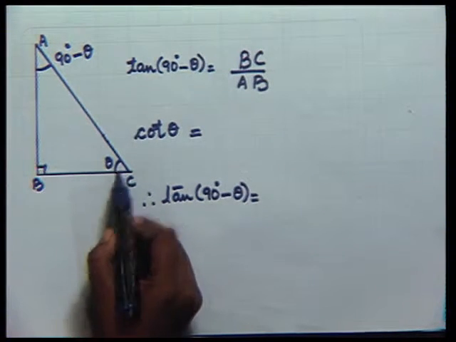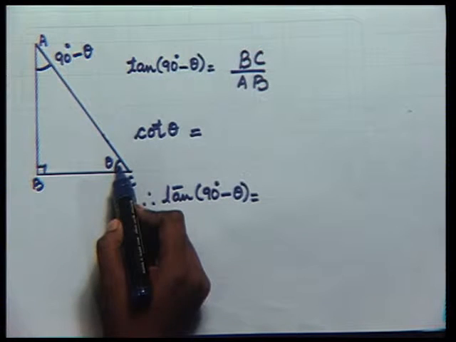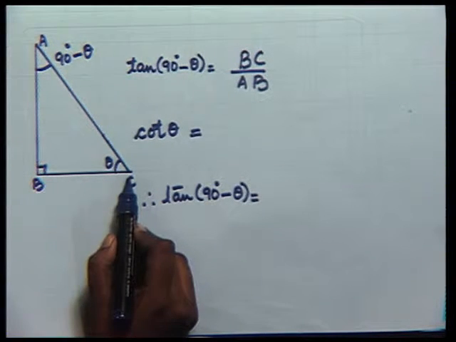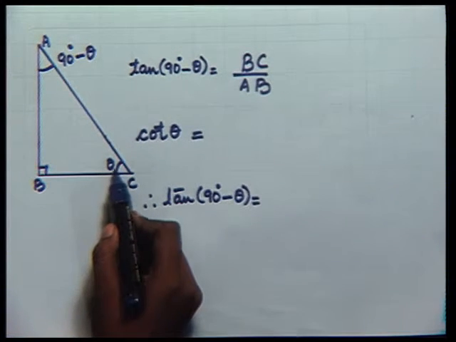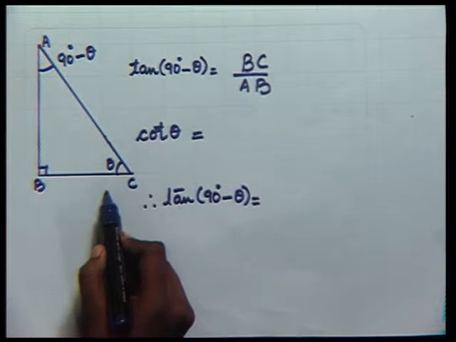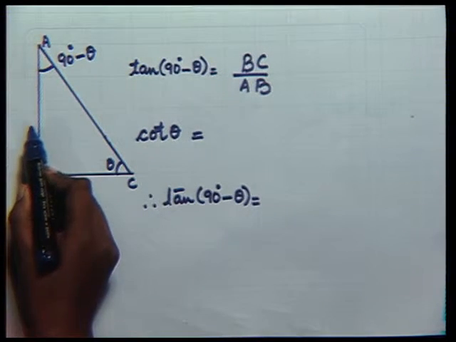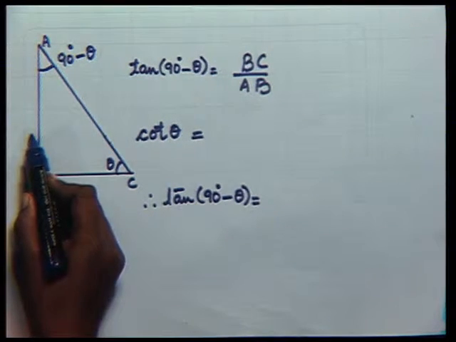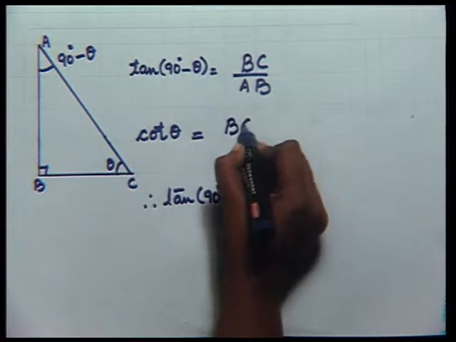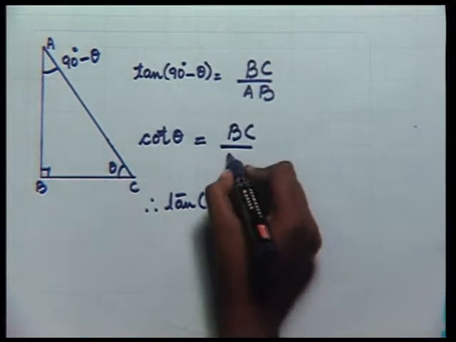And what is cot theta? Cot theta again as we know is equal to the adjacent side to the angle under consideration, here the angle under consideration is theta, upon the side which is opposite to the angle theta. So, again we have cot theta equal to BC upon AB.